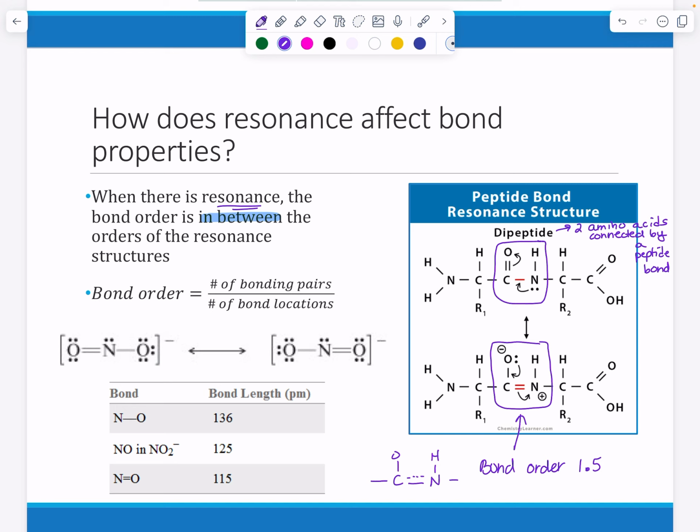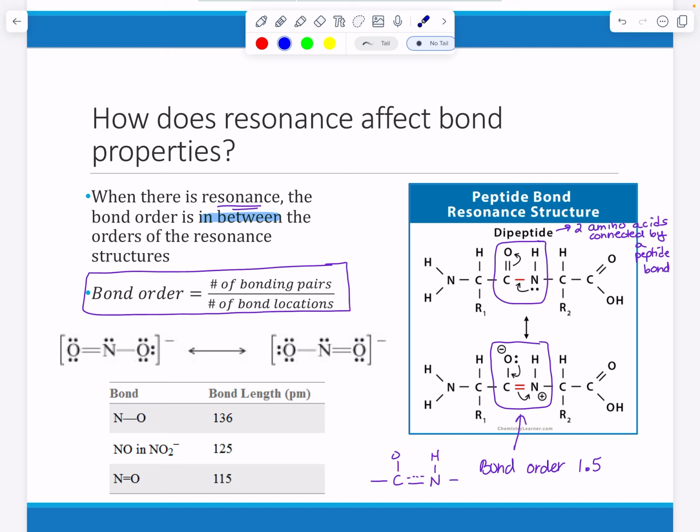All right, so bond order is really the number of bonding pairs divided by the number of bond locations. So in this example, if I have 2 bonding pairs in one location, that's 2 bonds divided by 1 location. So that's my bond order.